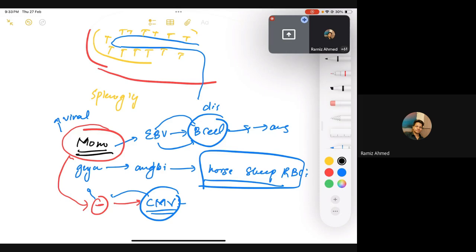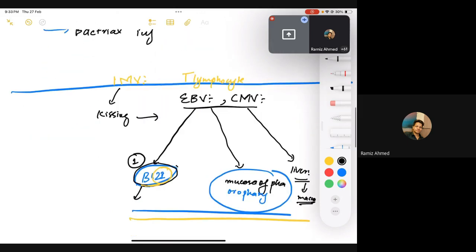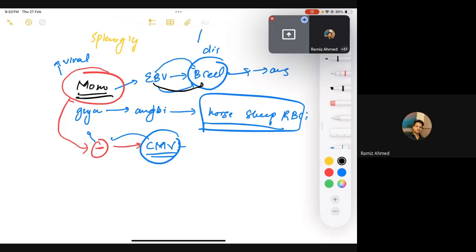Because EBV is going to attack your B cells, through CD21, as we already discussed. The B cell is taken over by EBV, so it makes random antibodies, and among those you will see some antibodies against horse and sheep red blood cells as well. Simple.